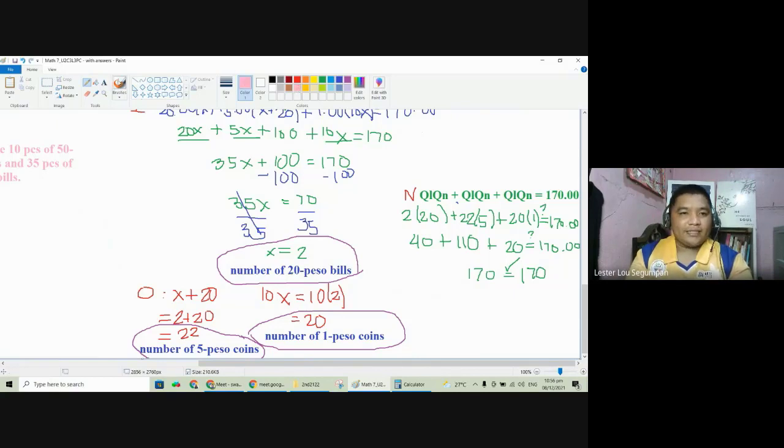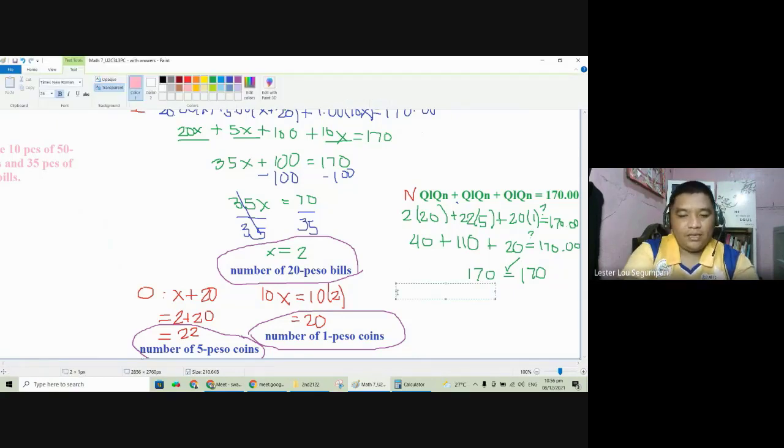So to finalize our statement, there are 2 pieces of 20 peso bills. Tama? 22 pieces of 5 peso coins. And 20 pieces of 1 peso coins.